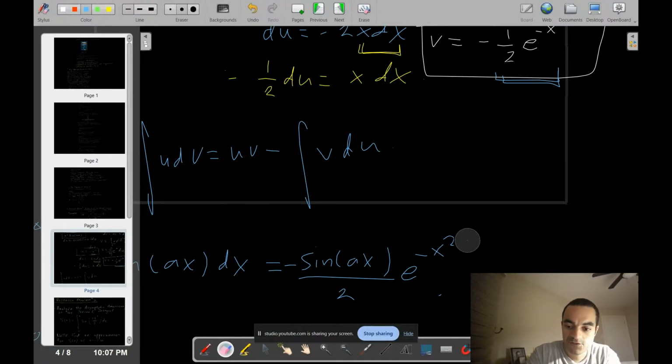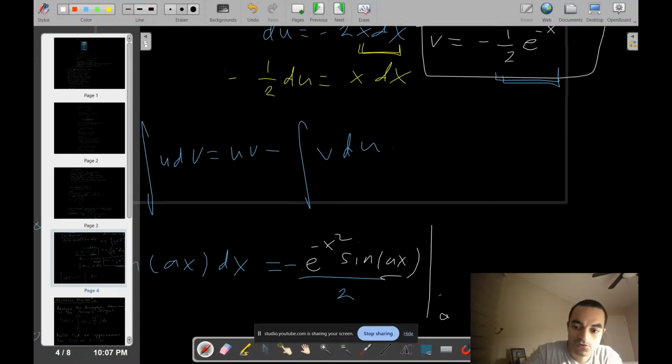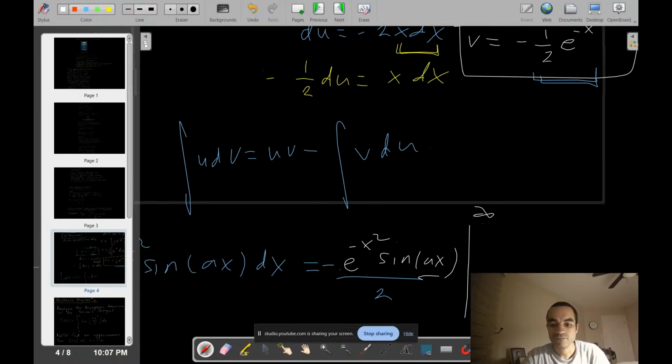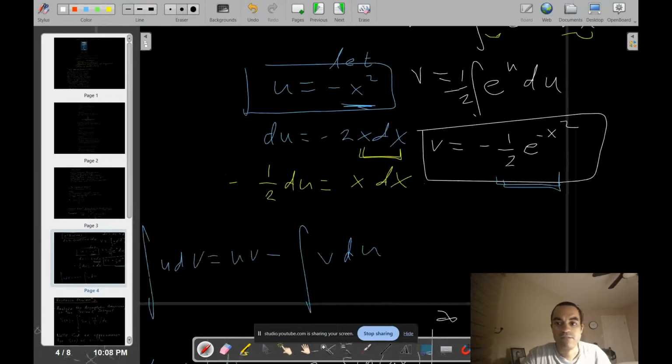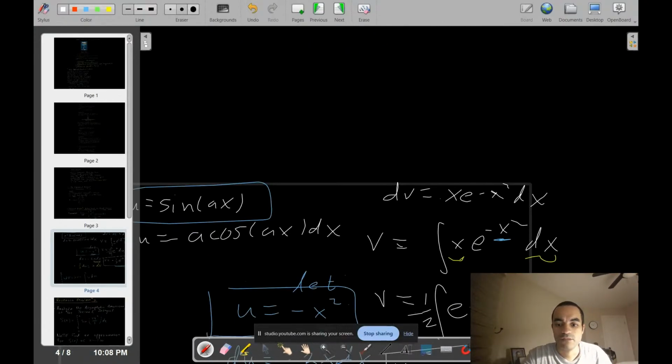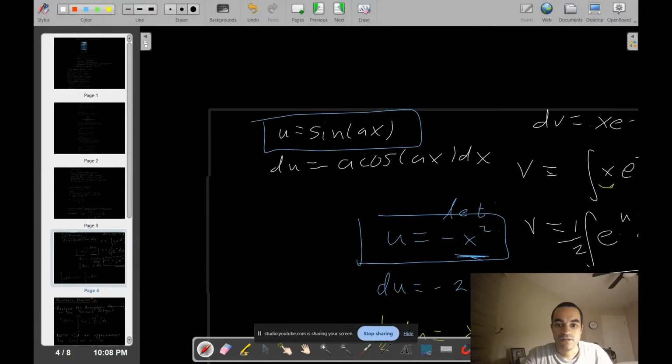I should put e to the negative x squared in front of the sine, so e to the negative x squared sine of ax, all divided by 2. Limits of integration, we're going from 0 to infinity. Okay, minus the integral from 0 to infinity of v du. What was the v? Yeah, there it is. v is negative 1/2 e to the negative x squared, and then du.